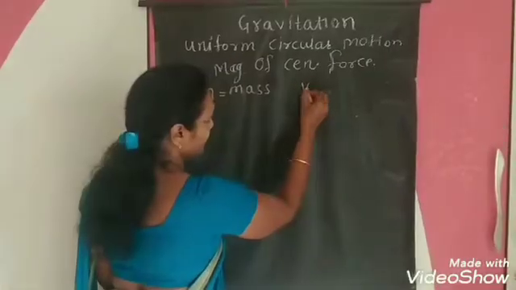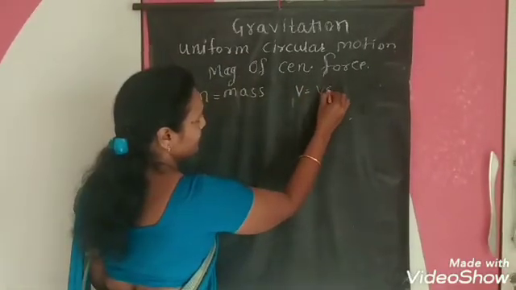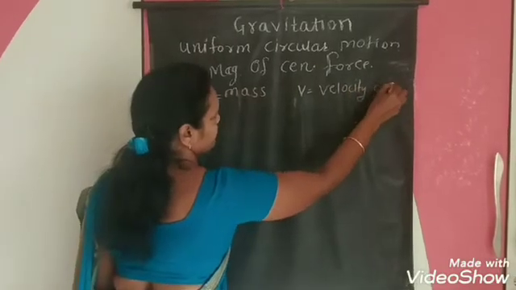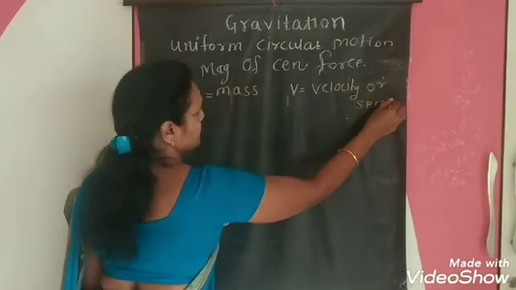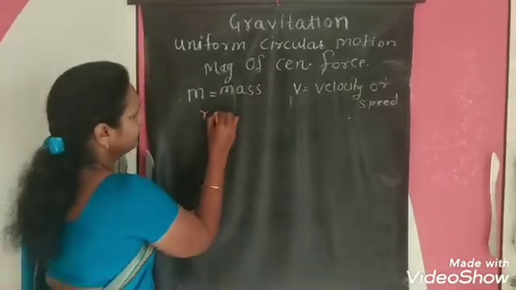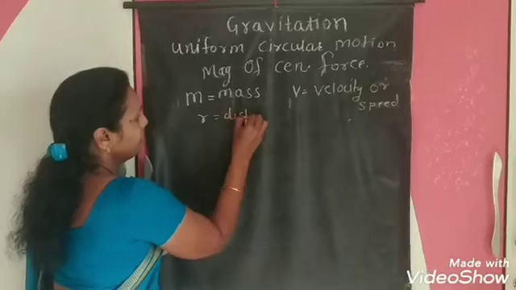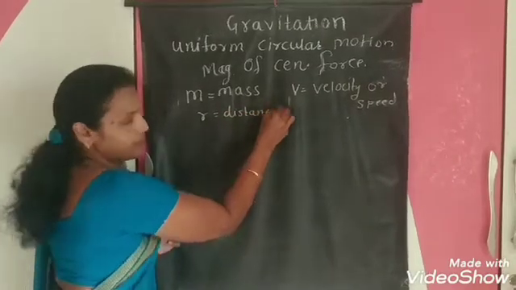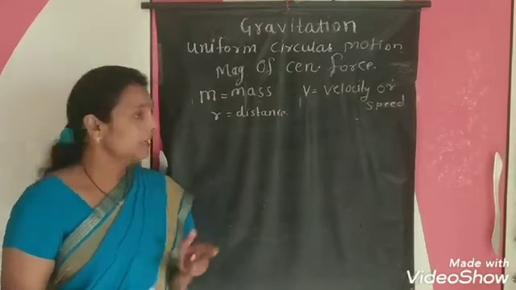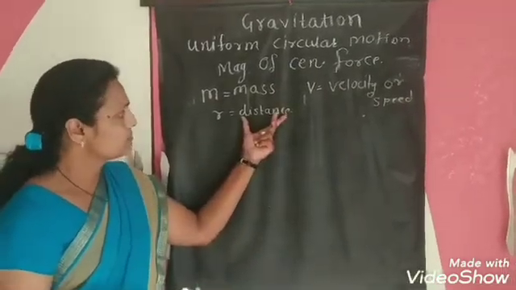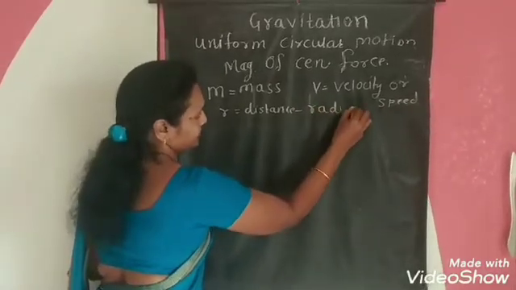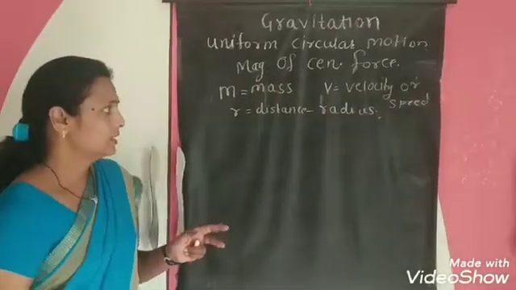Suppose v is the velocity or speed of that object, and r is the distance. Distance means the radius from the center.